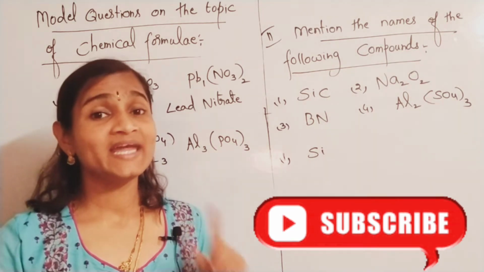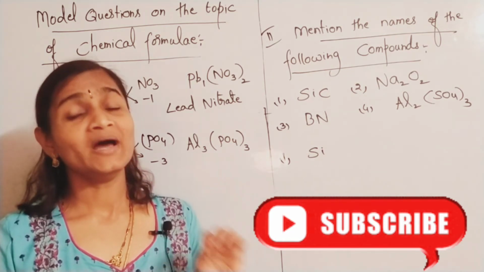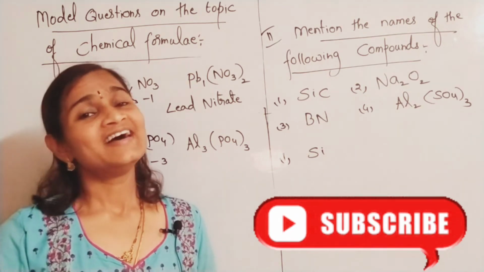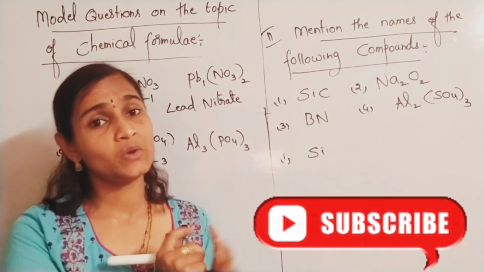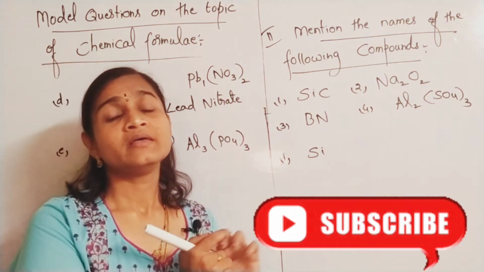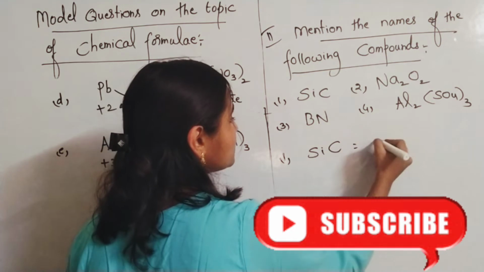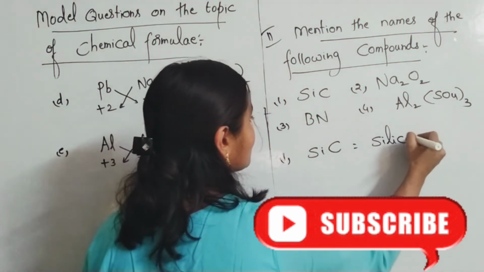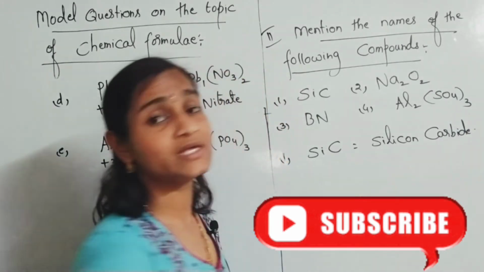Yes, carbide ion, C -4. Of course, there is a lot to say regarding carbon. So, silicon carbide. Such kind of compounds are also existing.